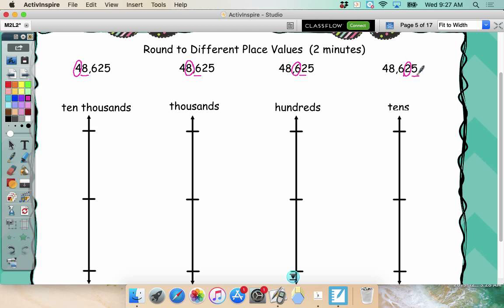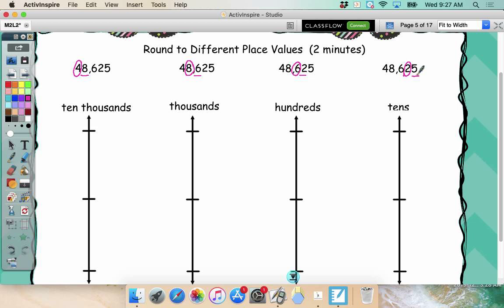Okay, so I'm going to pull sticks here. And we know the rounding rap, don't we? Yes. Okay, so we're not going to say it, but I am going to add parts of it into how we're doing this. So the first one, Oziel, I'm going to look at the 8 to decide if the 4 stays the same or add 1.